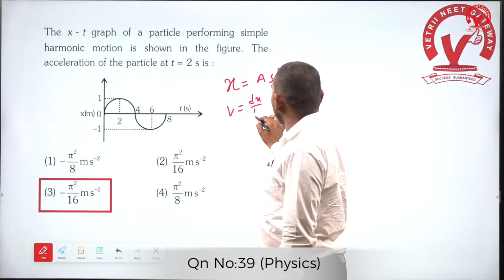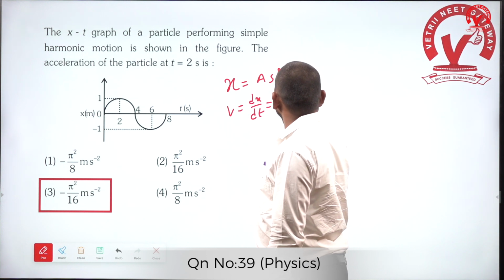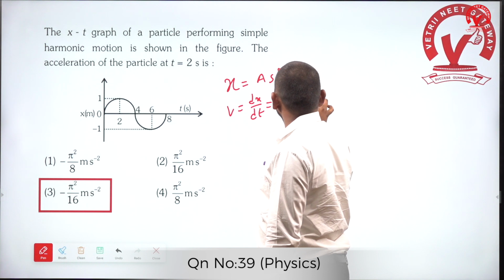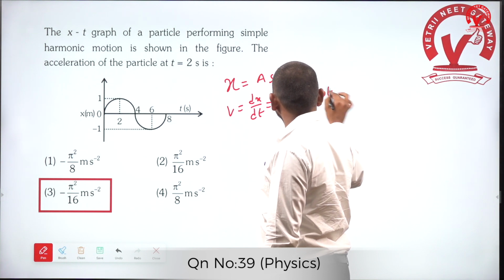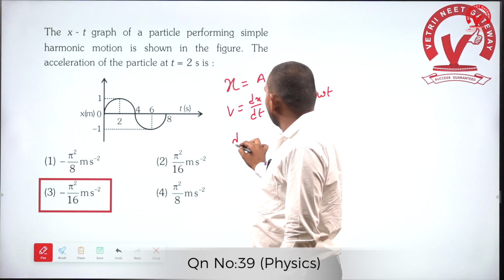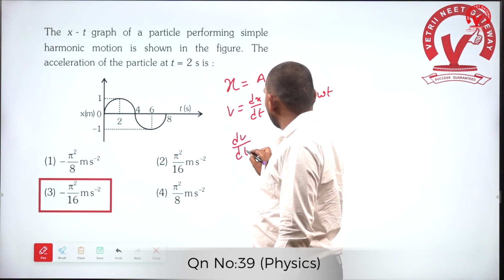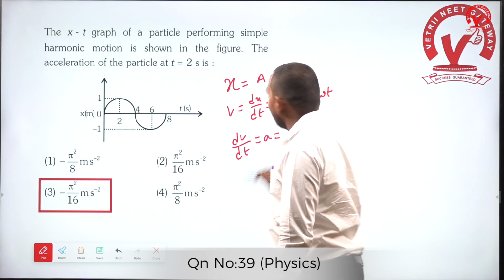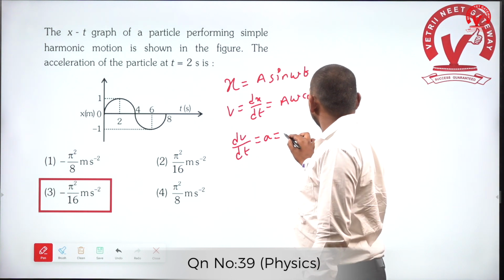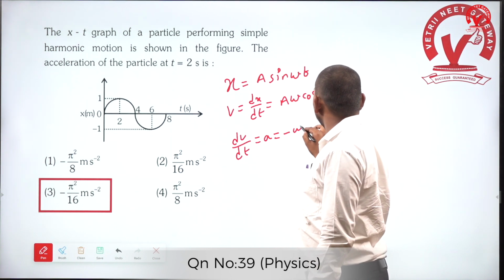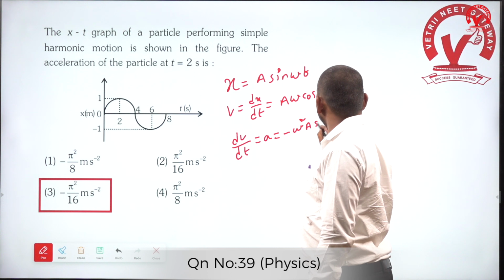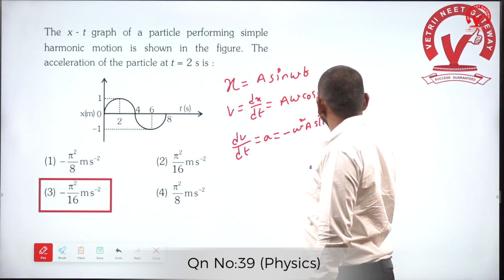You will get the velocity, a omega cos omega t, and we differentiate the velocity. You will get the acceleration, minus omega square a sin omega t.